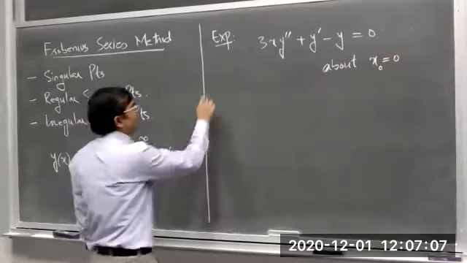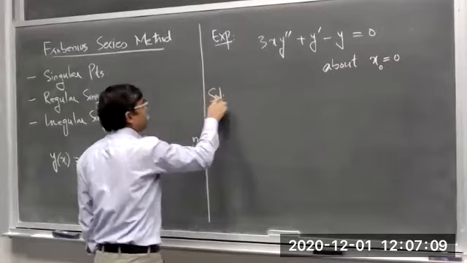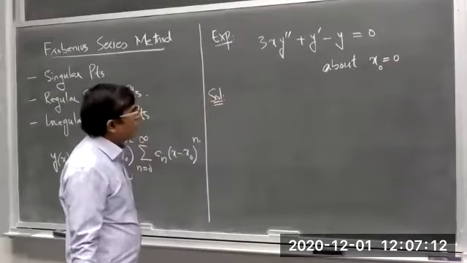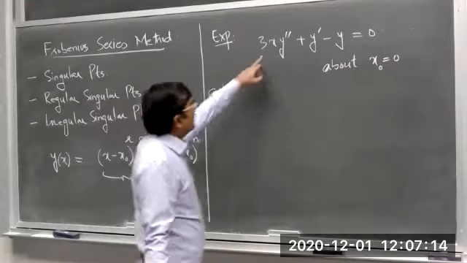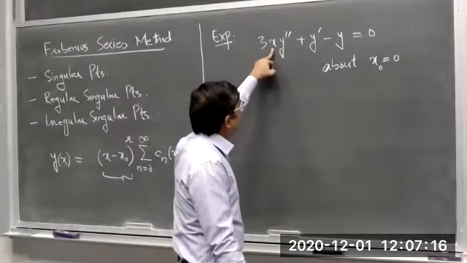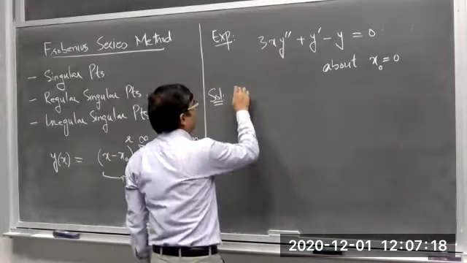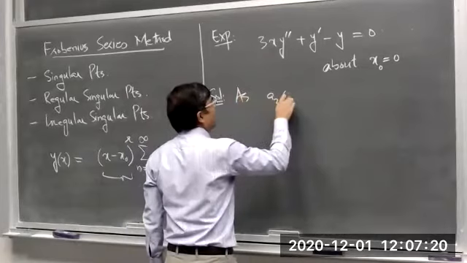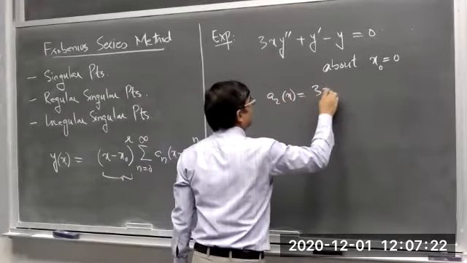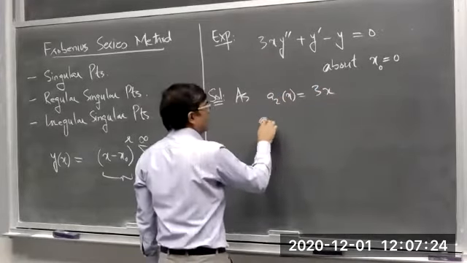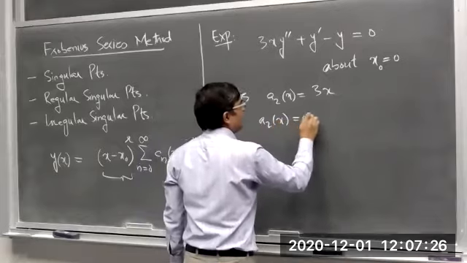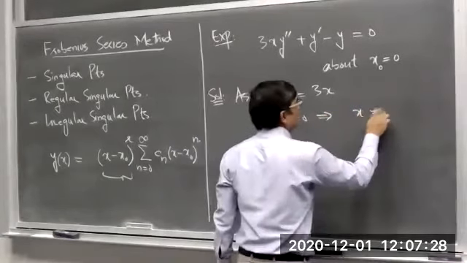Now, we need to first investigate whether the given point is a singular or ordinary point. As we see, a2 of x is 3x. Now, if we put a2 of x equal to 0, it gives us x equal to 0.